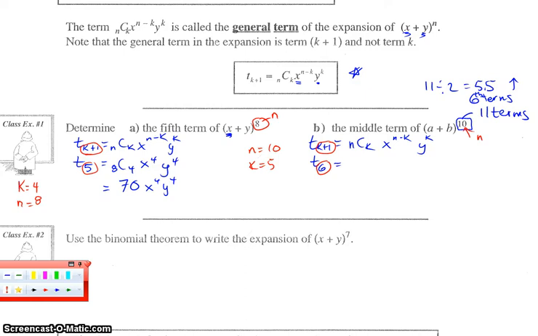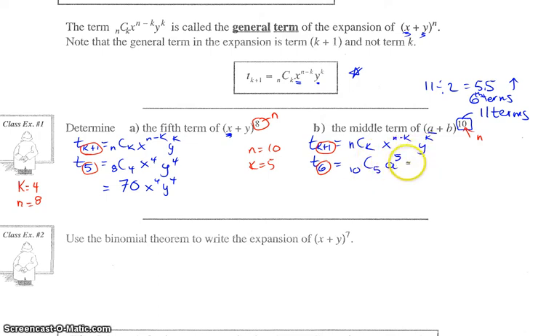So now if we sub things into our formula, we have 10 choose 5. X is not x in this case, it's a. So it would be a to the 10 minus 5, so 5. And y is not y, it's b, so b to the 5, the k value. And there we go. If we simplify that, get a number for 10 choose 5, and then we'd have a to the 5th, b to the 5th.